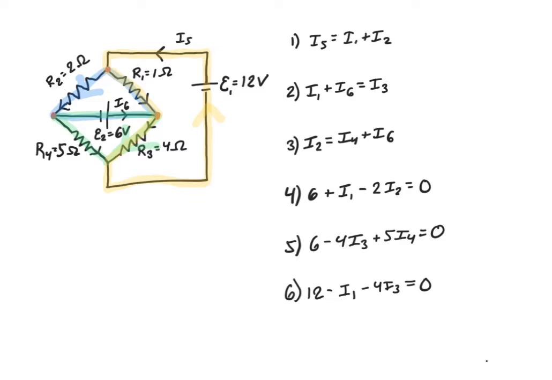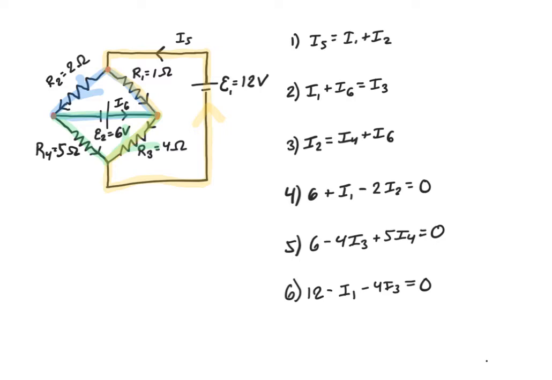So here's the way that we should approach it. Start by rewriting each equation so that all of the currents are on one side, and all of the numbers, like 6 and 12, the things that really came from the batteries in the loop rules, are on the other. I'm going to make the left side all the currents and the right-hand side all the numbers.